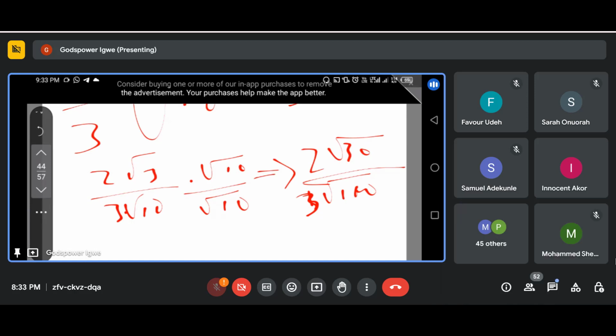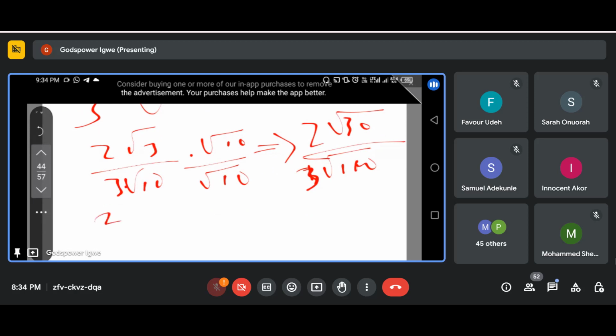Root 30, do we know what root 30 is all about? If it doesn't go that way, we can say 2 root 3, and then this is 30 all over 100. Anyhow you want to do it, it still works. Square root 100 is already 10, so let's not go into this pattern now.